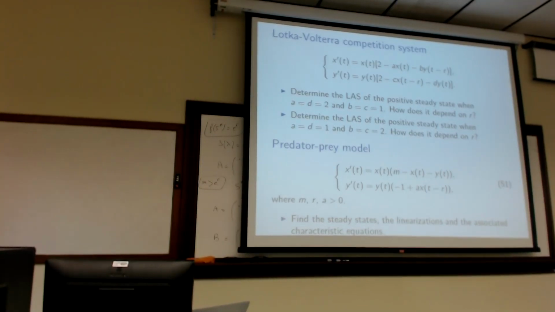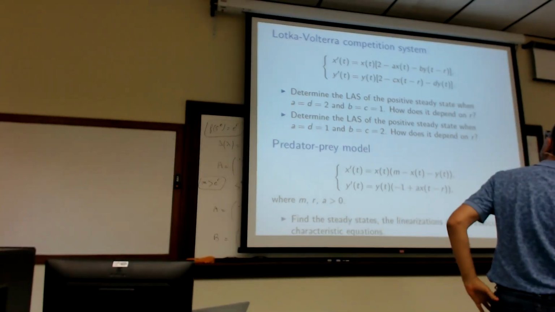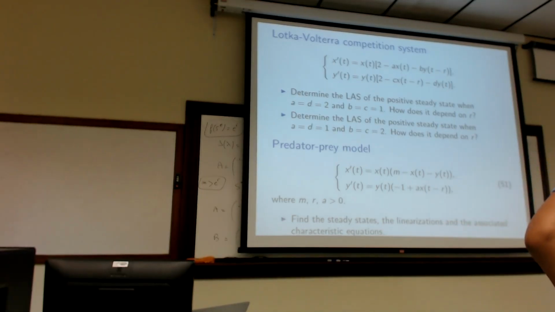And also here, I think for most of the system, the determinant of B is 0. Because when you make linearization, you calculate first in terms of the delay, you will have minus bx, okay? Then you will have only y in the first one.